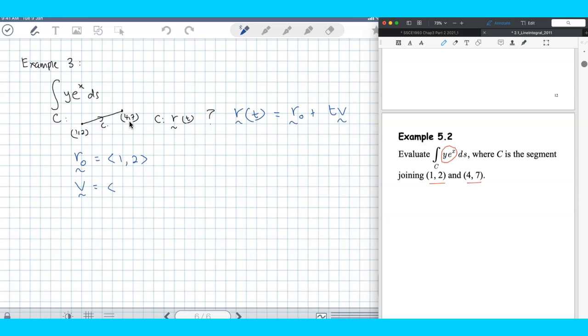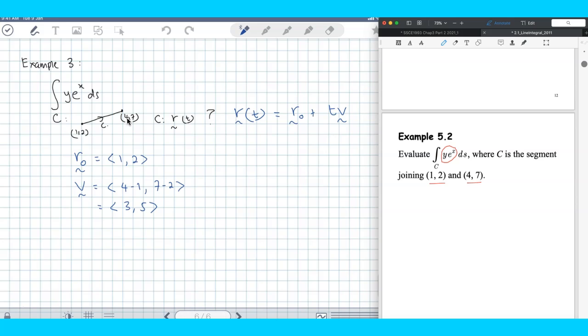For the x component, you just find the subtraction between 4 and 1. Let's say I'm choosing this one as the terminal point. So for the x component, 4 minus 1, and for the y component, you have 7 minus 2. So your displacement vector is <3, 5>.